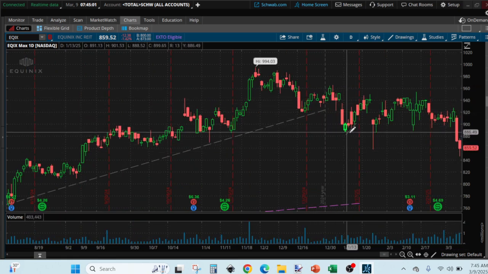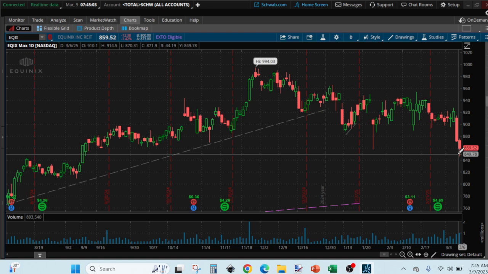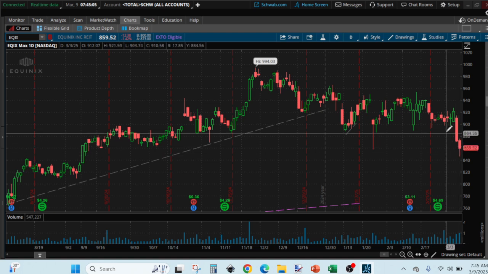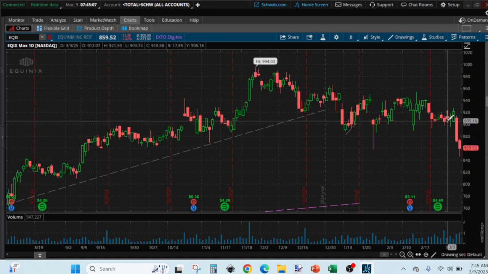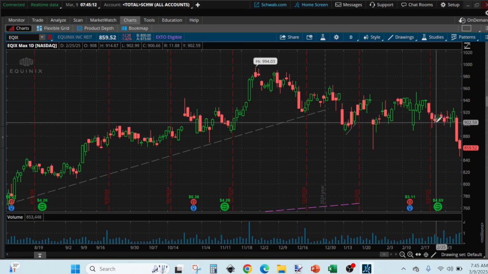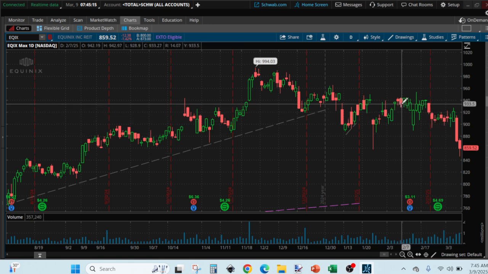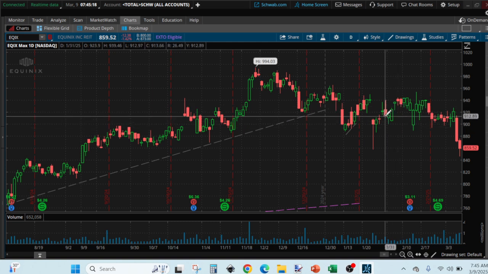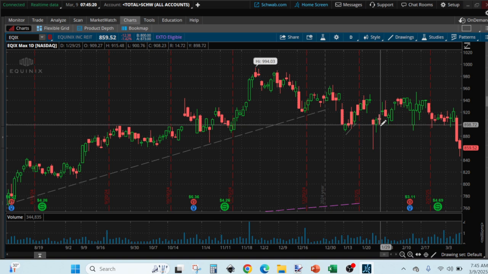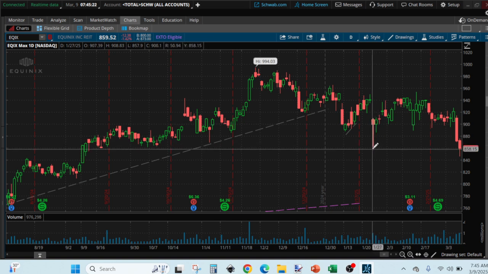So you can see it's making lower lows. Like this low is lower than this one, which is about the same as this one, which is lower than this one, which is higher than this one, higher than this one, higher than this one.